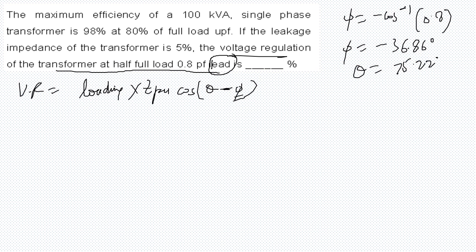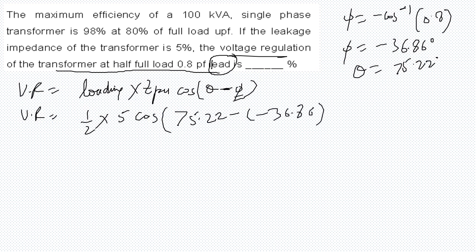Now you know that the loading is half, so we put half here, and Z per unit is 5%. So let's put 5% here into cos of theta, which is 75.22, minus of minus 36.86. So this is what you get.